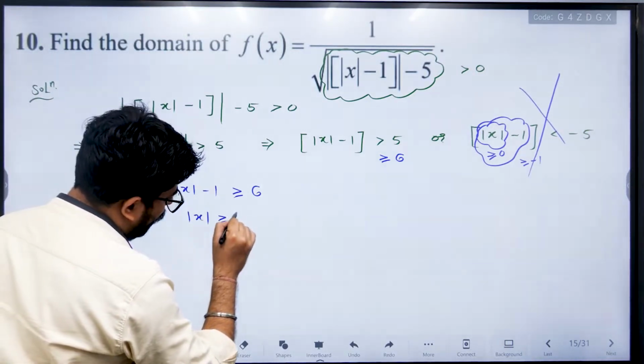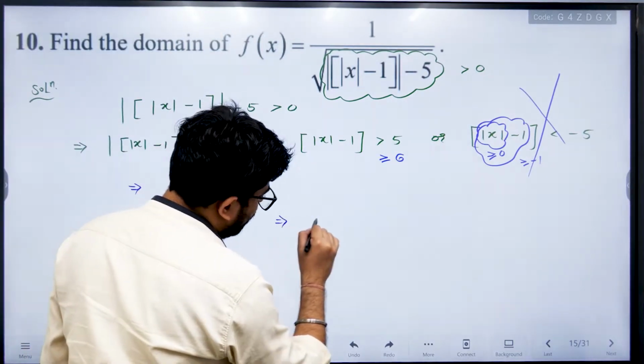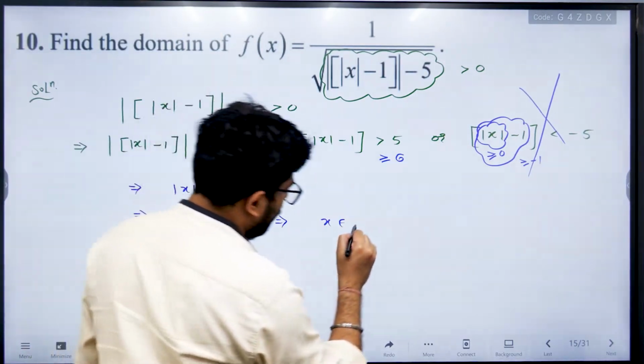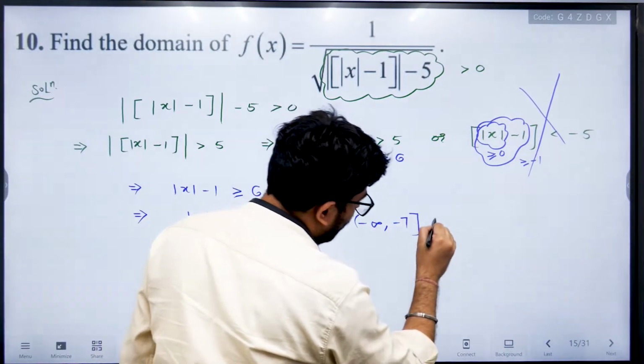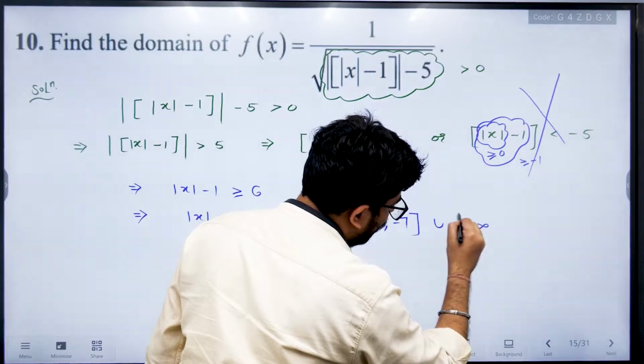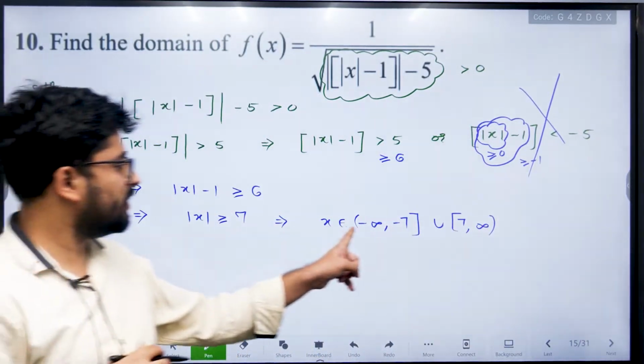So from here you can say mod x is greater than or equal to 7. If mod x is greater than or equal to 7, then x belongs to minus infinity to minus 7, union 7 to infinity.